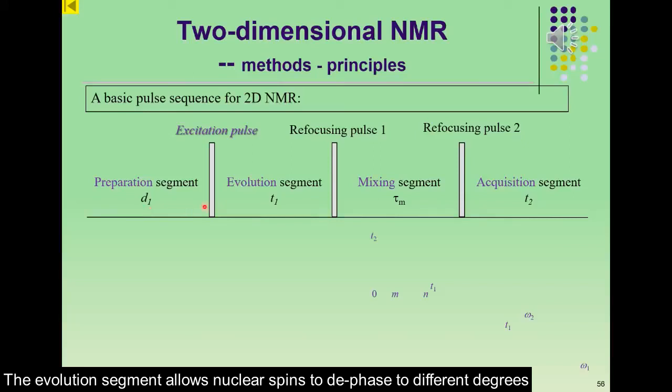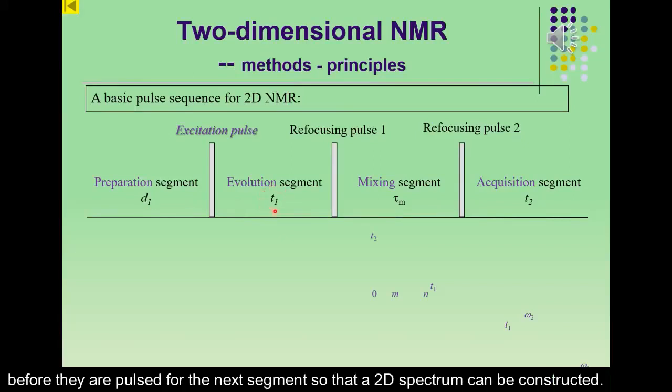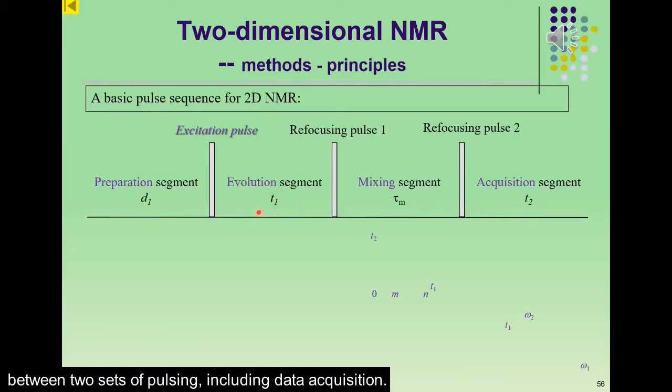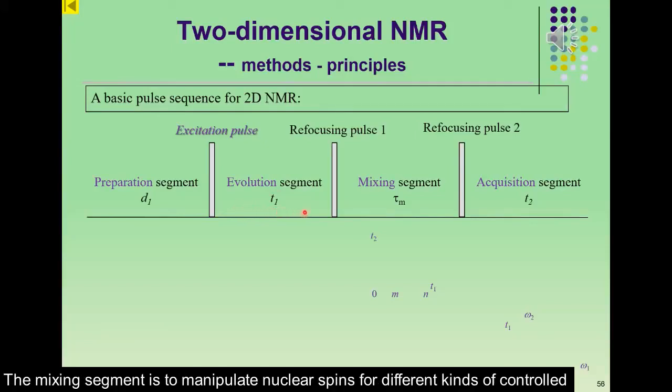The evolution segment allows nuclear spins to dephase to different degrees before they are pulsed for the next segment so that a 2D spectrum can be constructed. During this segment, the delay time T1 gets sequentially increased between 2 sets of pulsing, including data acquisition.